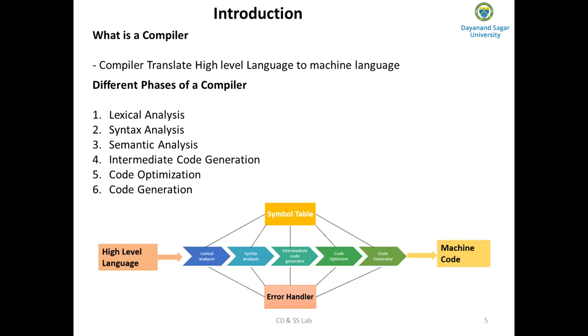Tokens are described using regular expressions. You already know what a regular expression is from your introduction to OS and Unix course, where you have studied it in detail. A regular expression is a mathematical representation method used to describe the tokens.